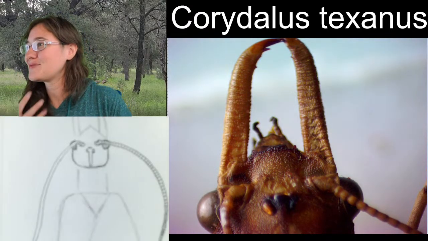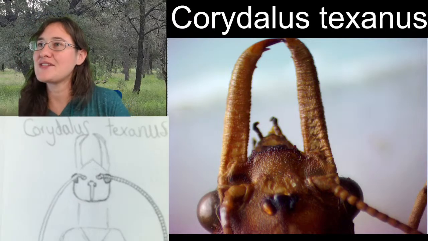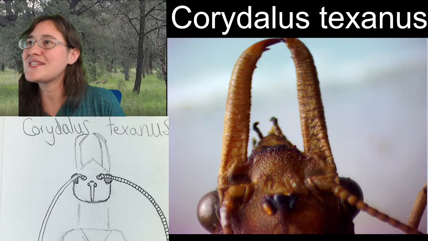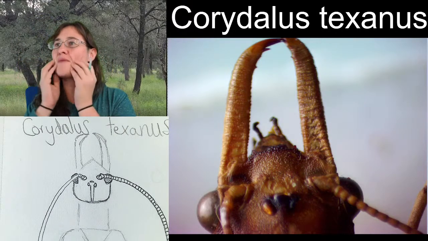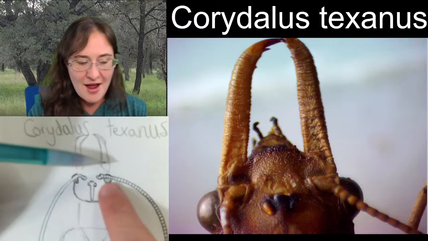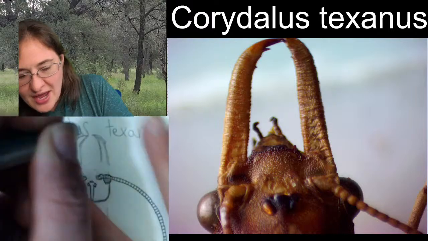Cool. Alright, so starting from in front of our eyes, you can see that the mandibles start pretty much right in front of the eyes, right after the base of the compound eyes.